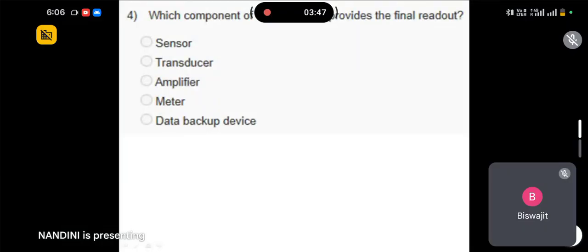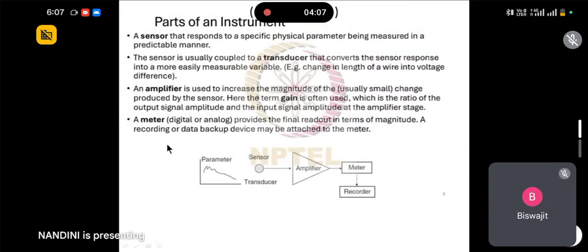Okay. So the first question is, which component of an instrument provides the final readout? An instrument is basically a physical device or system which is used to measure or monitor a physical variable that is of interest. The different parts of an instrument include a sensor that responds to a specific physical parameter being measured.